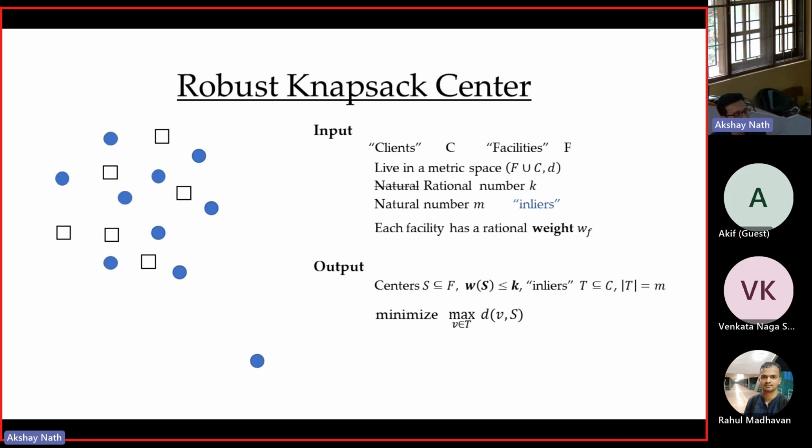It's an exercise, not completely easy, but a nice exercise to see if you've understood the k-center algorithm, to see that there is a way in which you can choose this ordering so that you get a 3-approximation for the non-robust version. But we are going to look at this robust version. Is the problem clear? The only difference between this and the previous is that I have weights on every facility, and the total weight that I am allowed, the total budget, is at most k. So it's a knapsack-like thing.